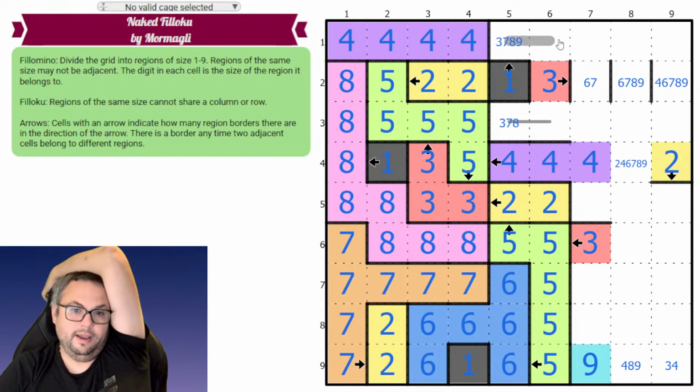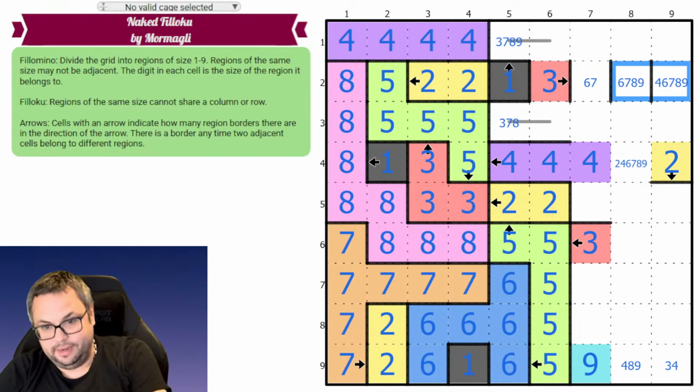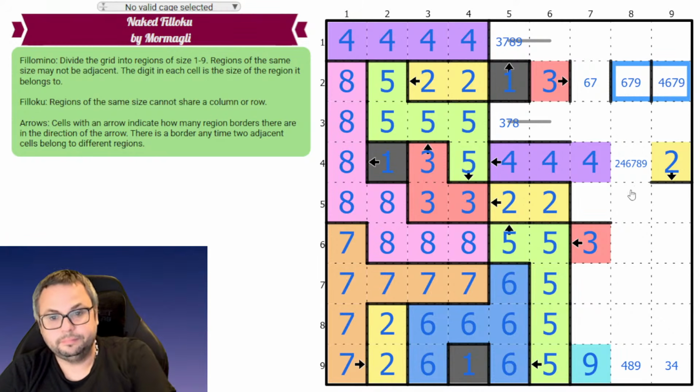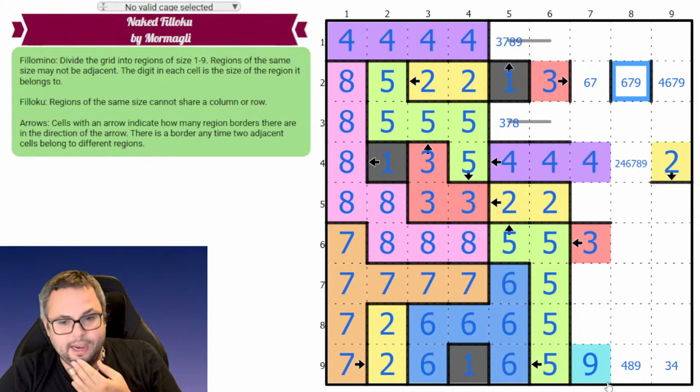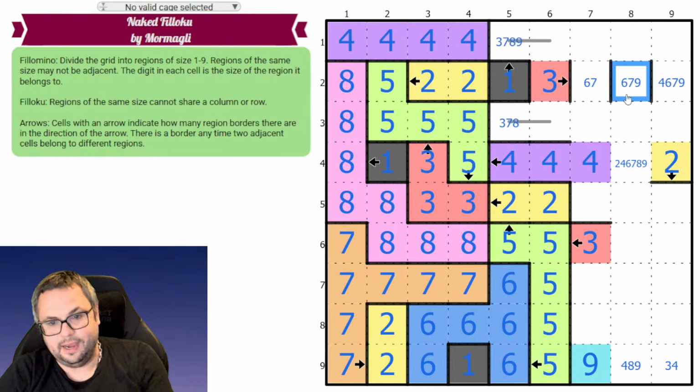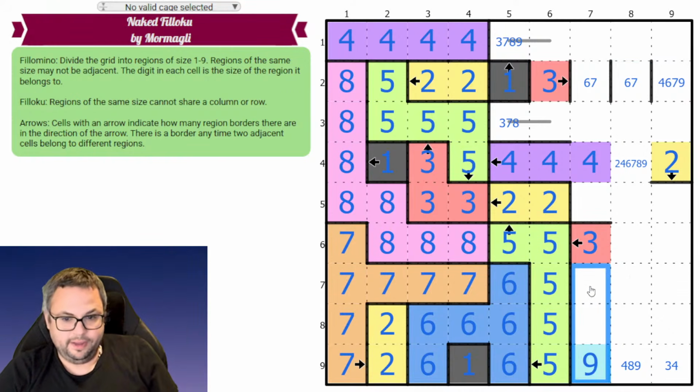Yeah, row 1, column 5 definitely grows. Oh yeah, this definitely can't be 8 or 9. I agree with that statement. Okay, well, these aren't 8. I know that for sure. And there's no way this is 9 because this 9 is definitely not making it out of this column.